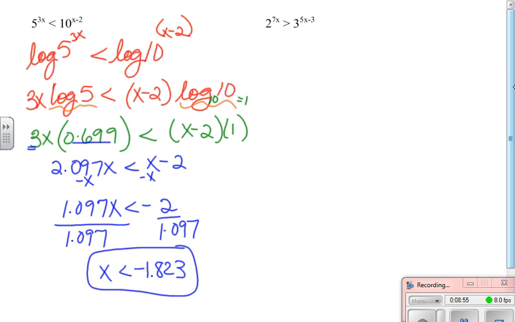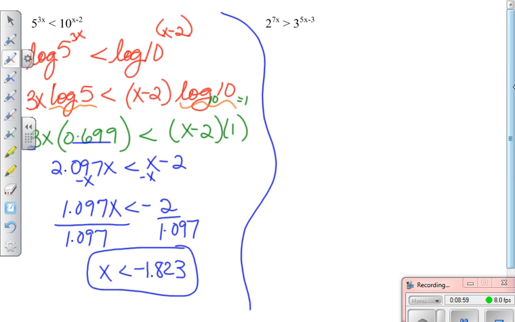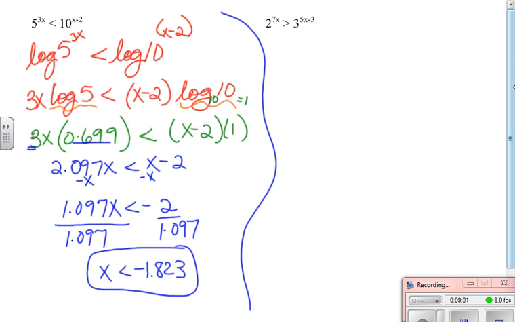If we go ahead and look at this example over here, we're going to see a lot of the same strategies being applied. So we are going to do the log of both sides. Now remember, this exponent up here is a single number and you need to treat it as such.